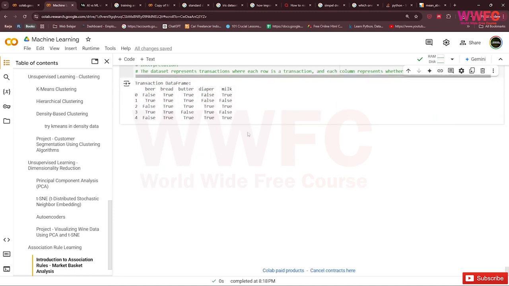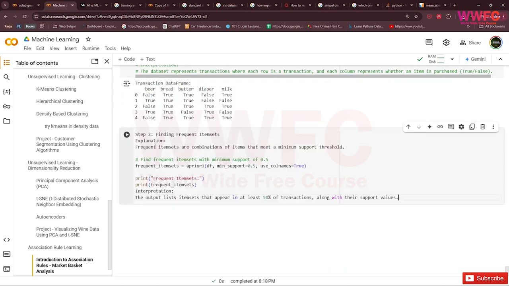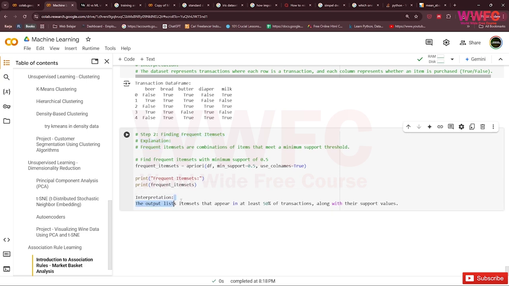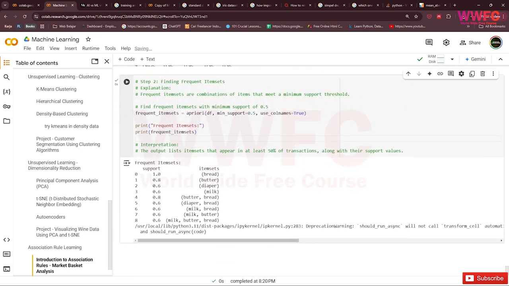So in here we want to find frequent item sets. Frequent item sets are combinations of items that meet a minimum support threshold. So we use Apriori with a minimum support of 0.5. Like we want to check the frequent item sets.